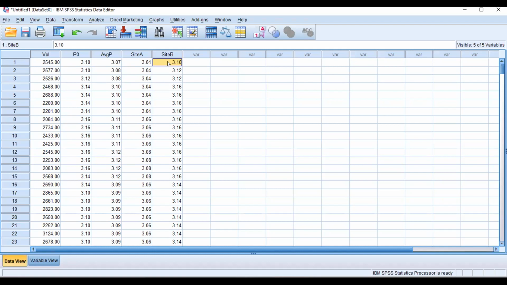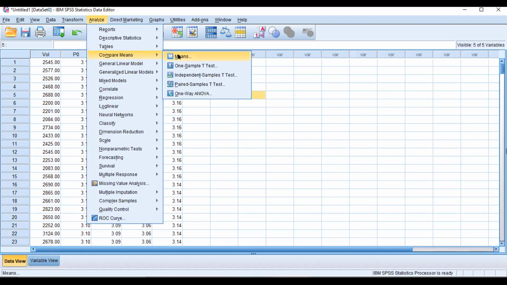For that purpose, our null hypothesis is that the petrol owner will have the same pricing strategy in site A and site B. So how do we analyze that? We go to Analyze, Compare Means. Here, instead of the one sample test, we have three or four options. How do we decide what to choose?